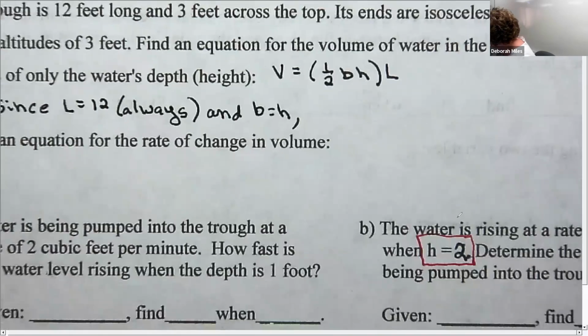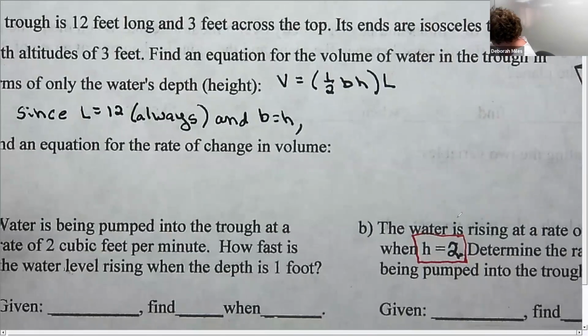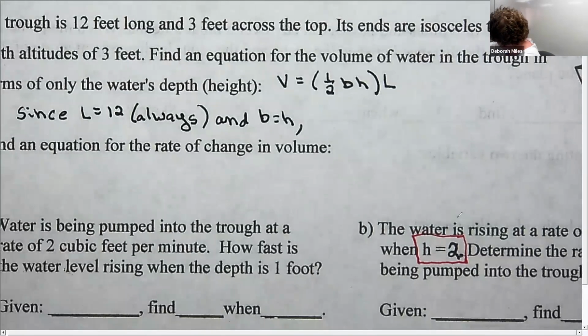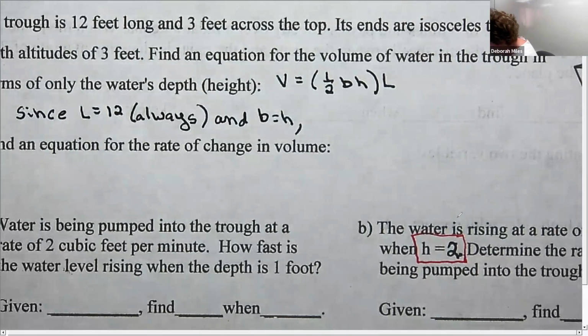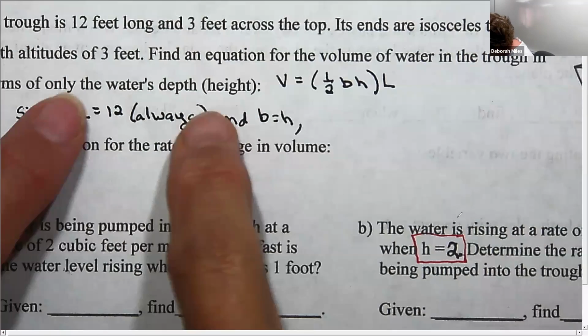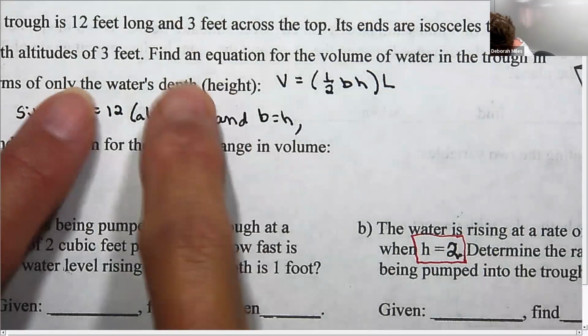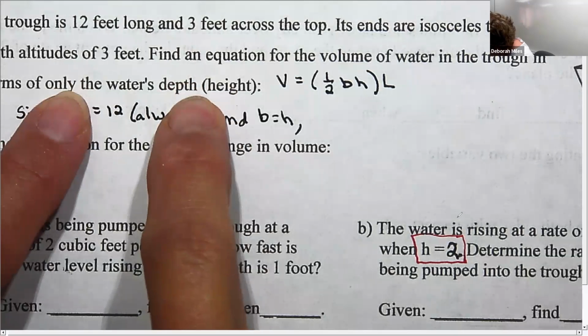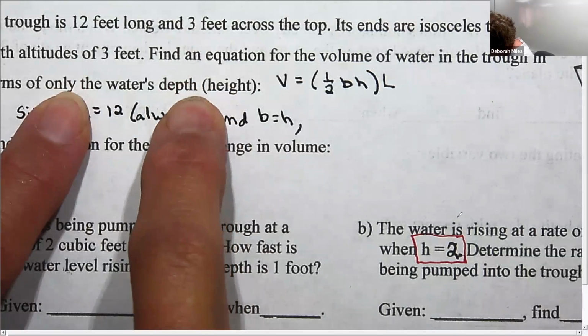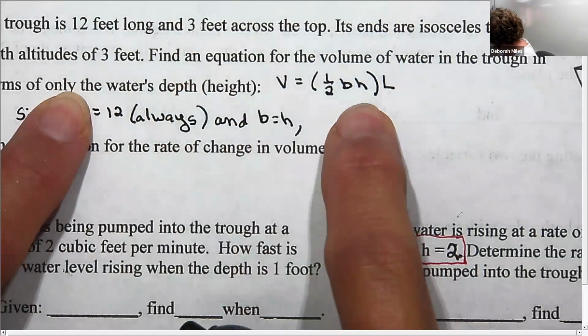The length of the water is always 12, and base equals height. These instructions are telling me to get the equation so that it only has H's on the right-hand side.